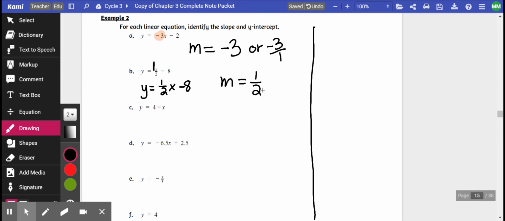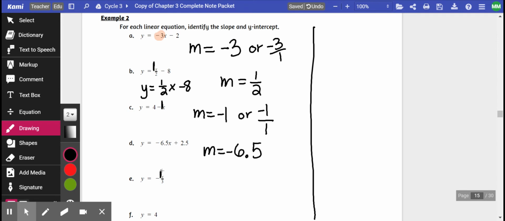For C, this is the same as y equals 4 minus 1x. So the number in front of your x is -1, or you can think of it as -1 over 1. Either way is fine. For D, the number in front of x is -6.5, so that would be your m value.